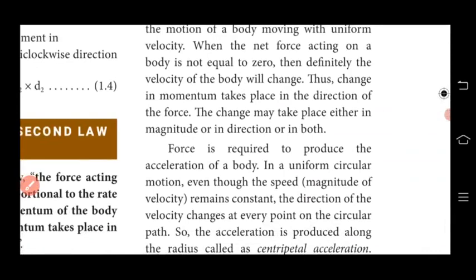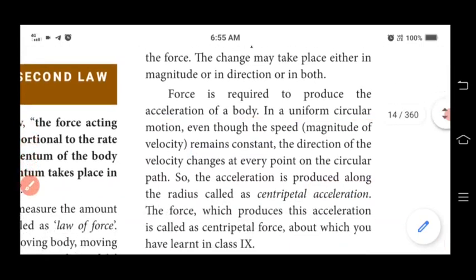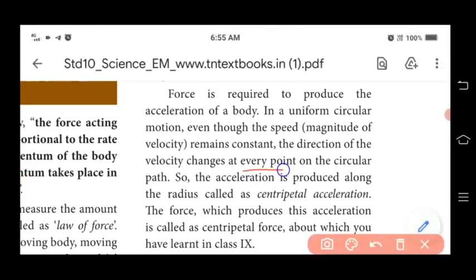Force is required to produce the acceleration of a body. Consider a body in uniform circular motion: even though speed remains constant, the direction of the velocity changes at every point on the circular path.